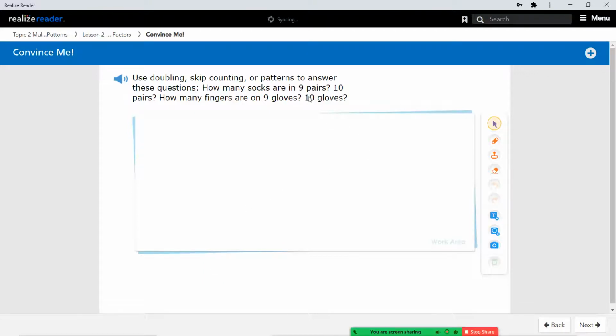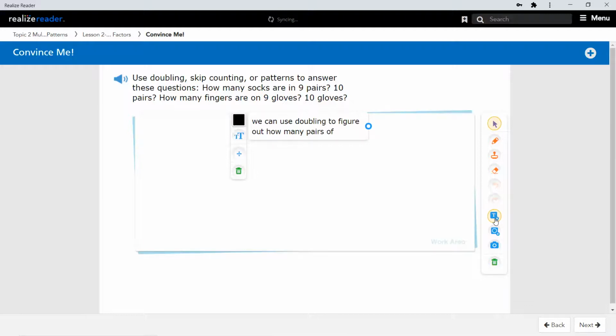Now, if we're going to use doubling, we can use doubling for the pairs of socks. In order to do that, let's go ahead and type over here. We can use doubling to figure out how many socks are in 9 or 10 pairs.